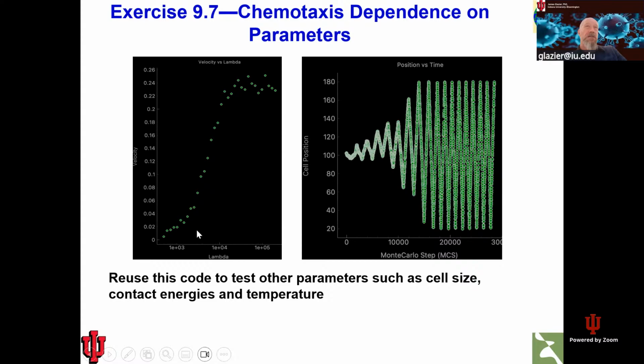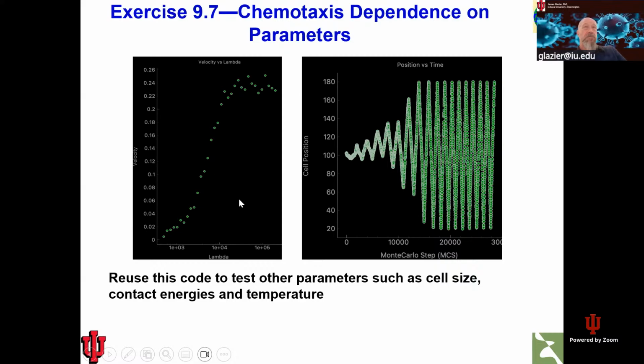So if the force is too small, it gets stuck on the lattice. It doesn't move very much. If the force is too big, it runs into a speed limit, and then there's an intermediate region where it's linear. This is a useful plot because you want to ask, what is a reasonable value of lambda chemo that I can use so that the cell behaves properly? And this is telling you that it is between here and here.